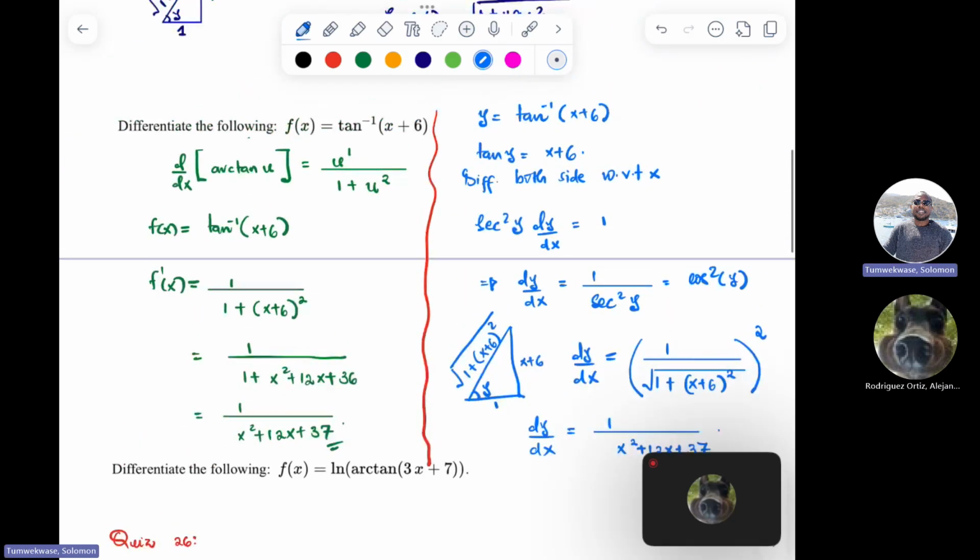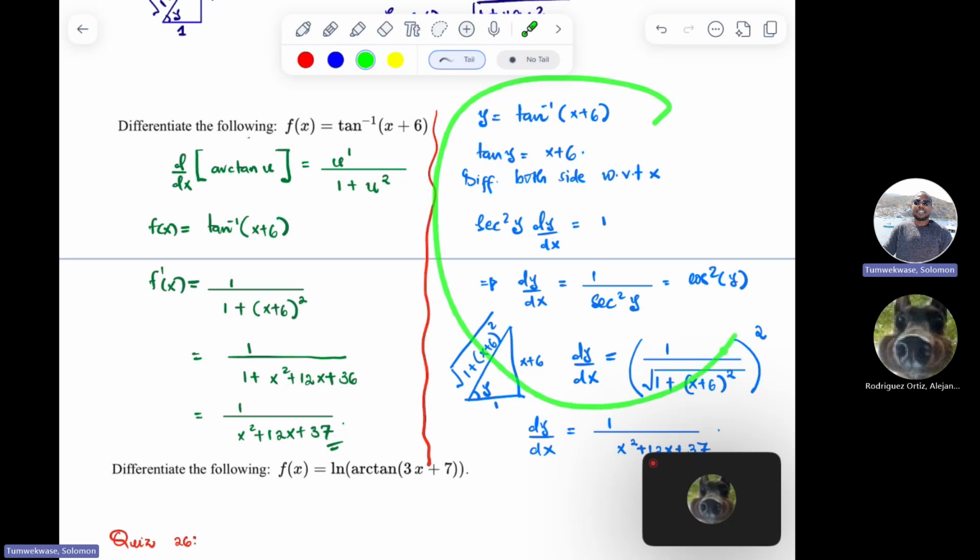So what I'm saying is that it's very good that you remember how you take the derivatives of all these inverse trigonometric functions, the arc cosine, arc sine, arc tangent, arc secant, and all that. But if you don't remember that, then you can use this alternative and you can take the derivative from scratch.